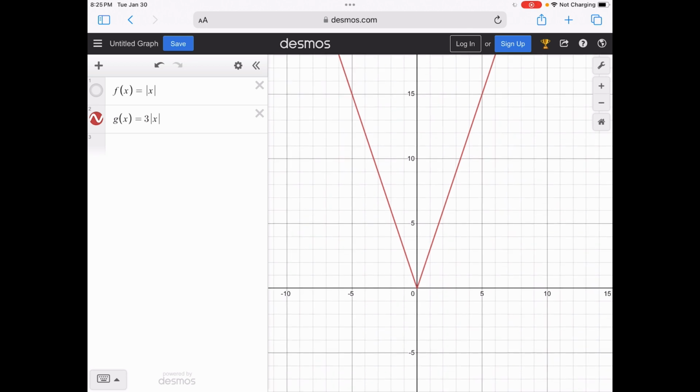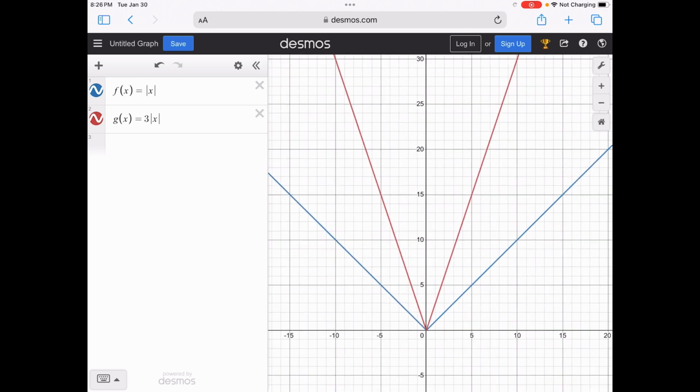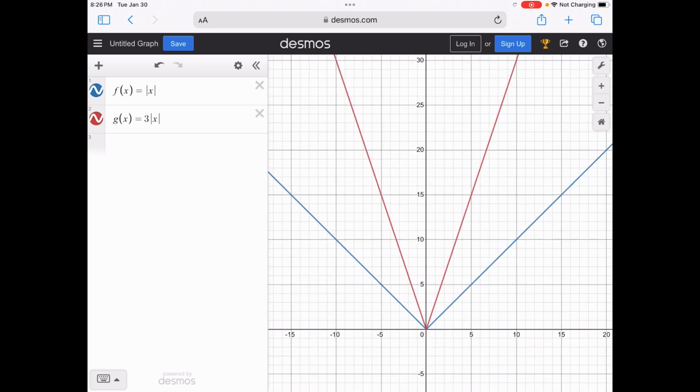Now notice that doesn't depend on us knowing what f of x is. I mean, we needed to know what f of x was in order to find that equation, but now that we know that equation, we can just graph g of x, right? So there is f of x in blue, vertically stretched by a factor of 3, gives us g of x, which just has the equation 3 times the absolute value of x.